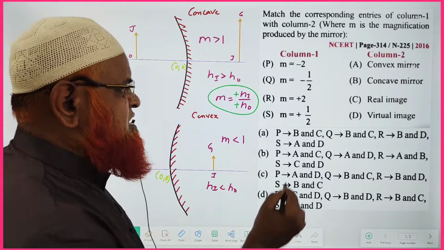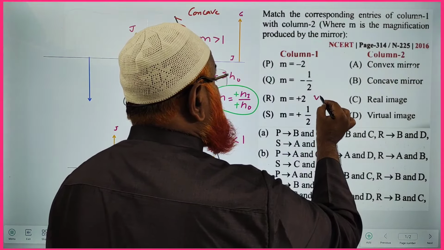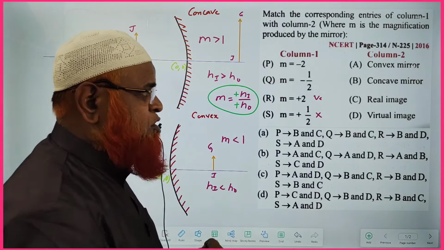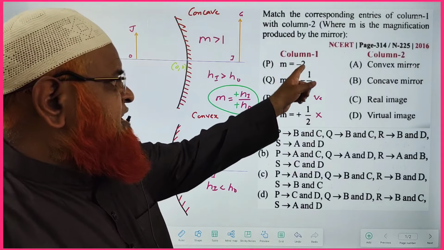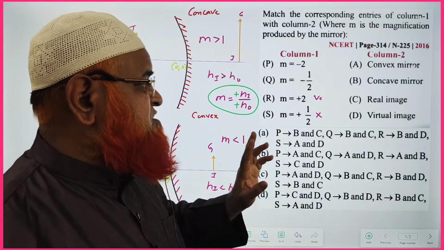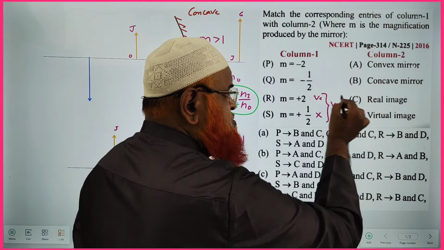That means it is understood which is the case of a concave mirror and which is the case of a convex mirror. Okay, that you have differentiated. So negative signs indicate that these are real images. These are virtual cases.